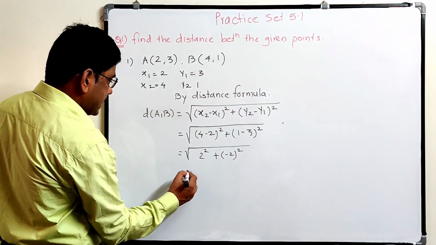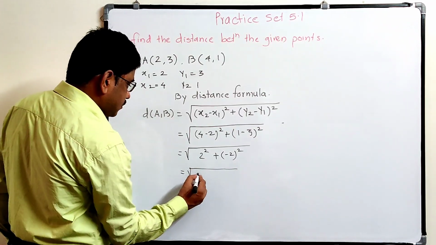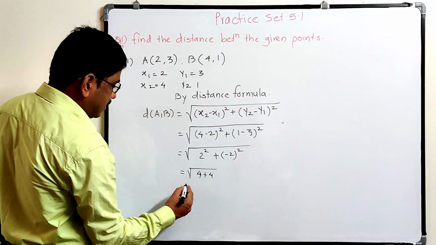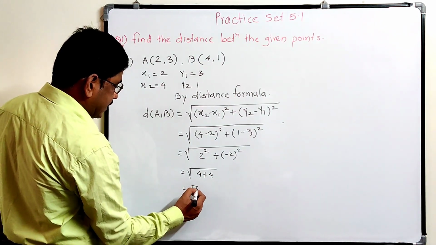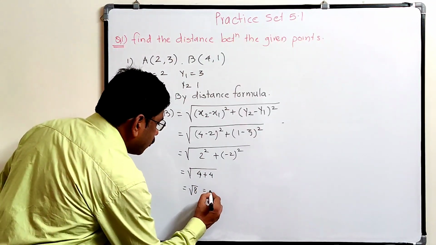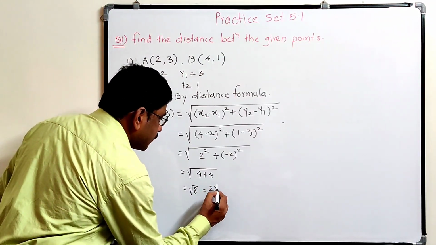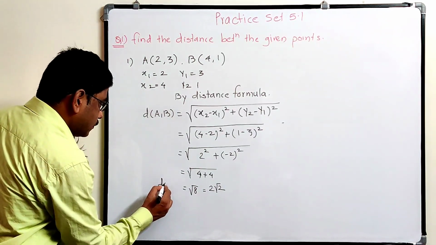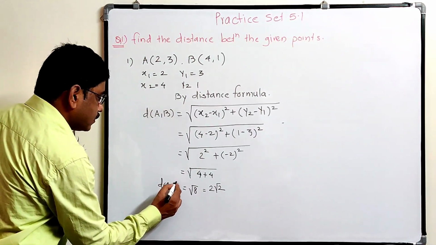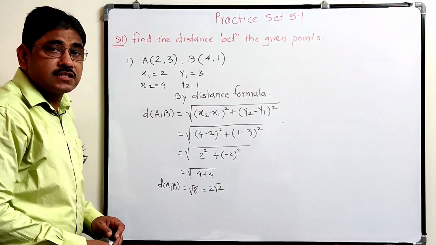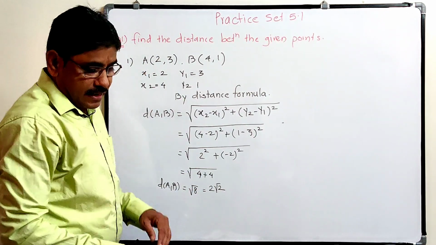So 2 square is 4 and again 2 square is 4 because square is always positive. So here we get root 8. Root 8 means we can write 4 times 2, means 2 root 2. So distance AB is equal to 2 root 2. So in this way we can find the distance between the 2 points A and B.